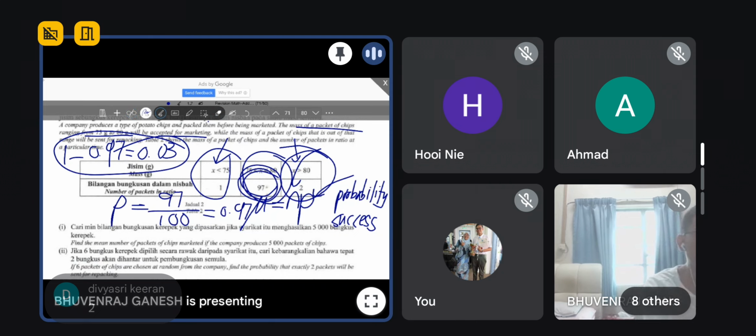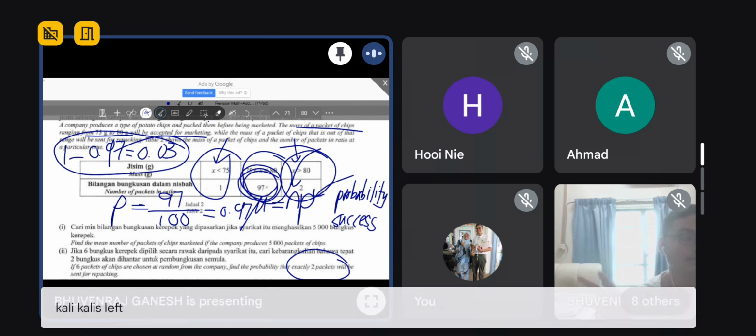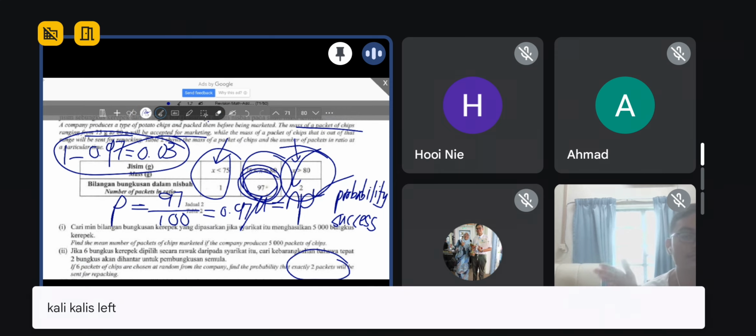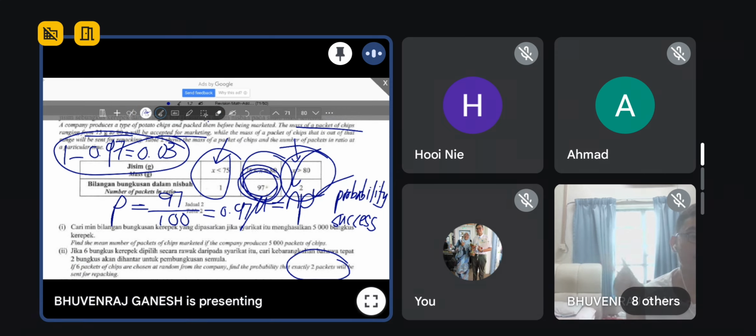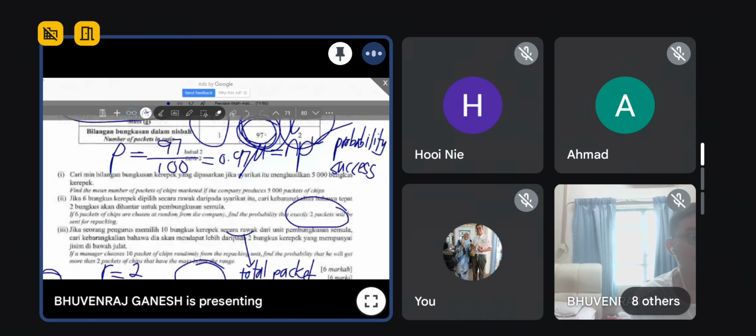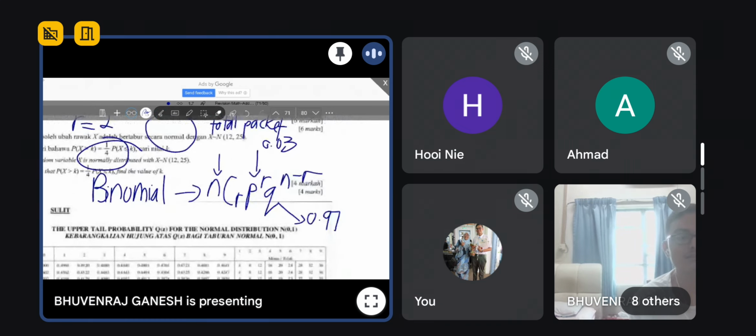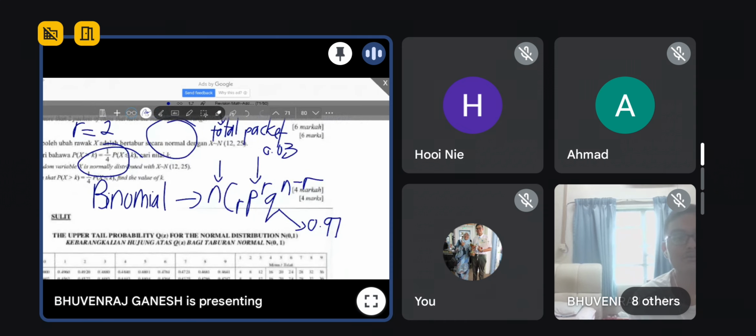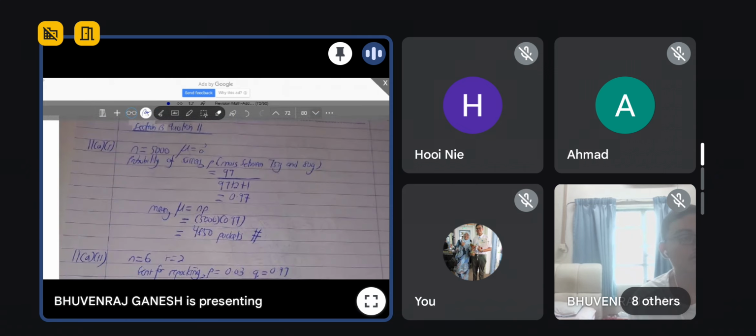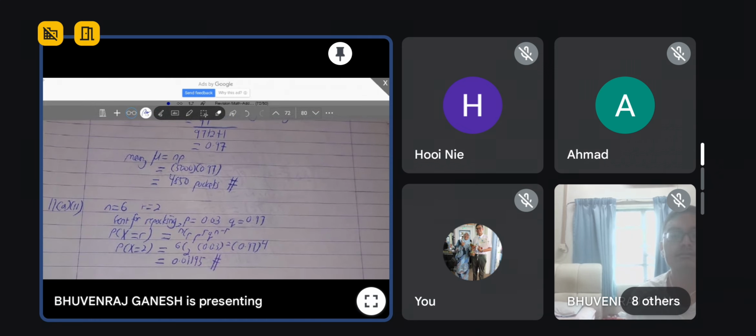Very good, R equals 2 because 2 packs. The question says exactly 2 packs, tepat-tepat 2 bungkus. So that's why R is equal to 2. Then you can count the answer already. Just substitute inside the formula, then you will get the answer. So the answer is like this.